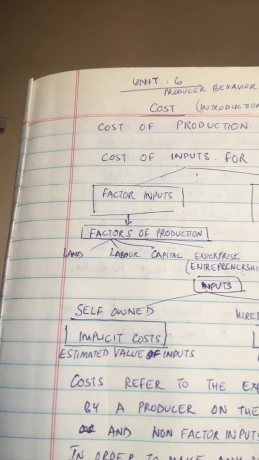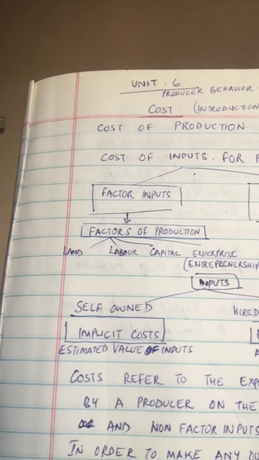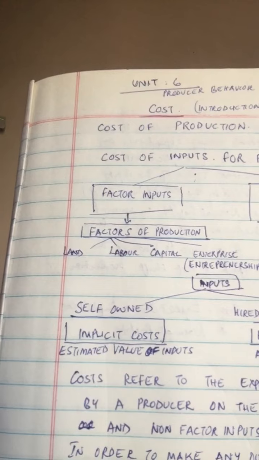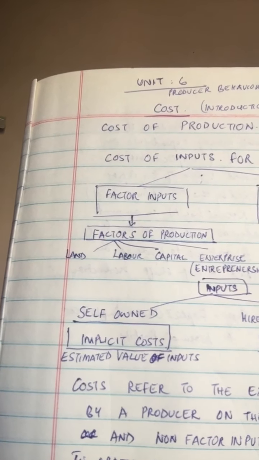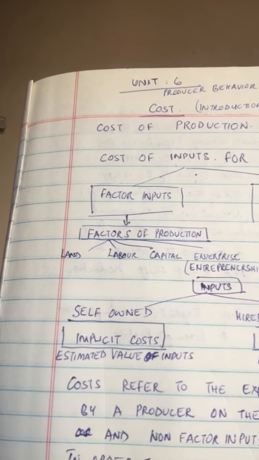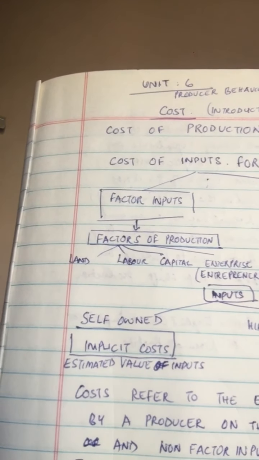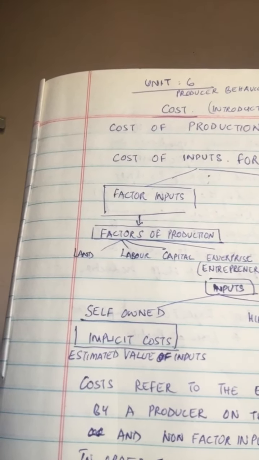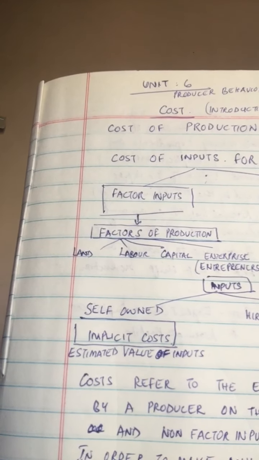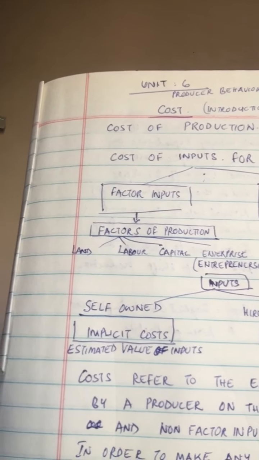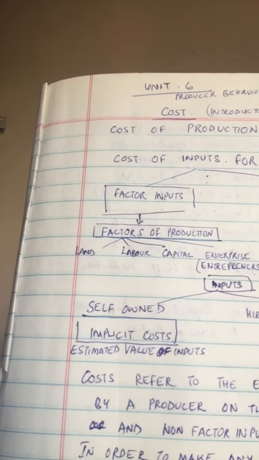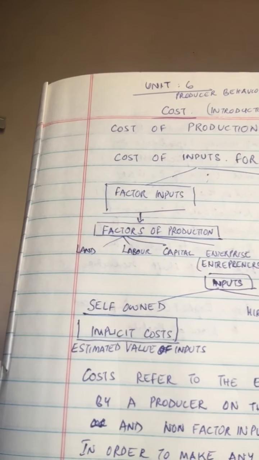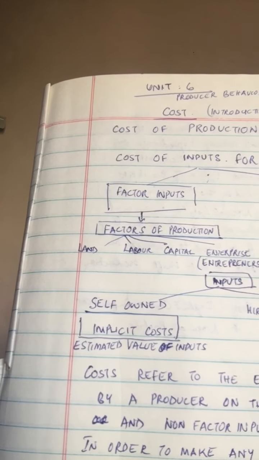So we can also define economic cost as the sum of the actual money expenditure on inputs, that is explicit cost, estimated value of inputs provided by the owners, that is implicit cost, and normal profits. So if I say estimated rent of the building owned by the owners, what will this be?